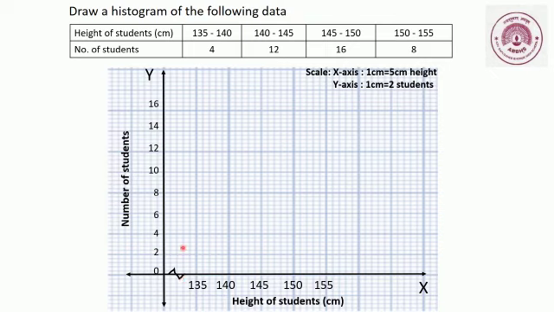Now how to draw the histogram? Take the first class 135 to 140 and its corresponding frequency is 4. Now taking 135 to 140 as the base and 4 as the height, draw a rectangle.